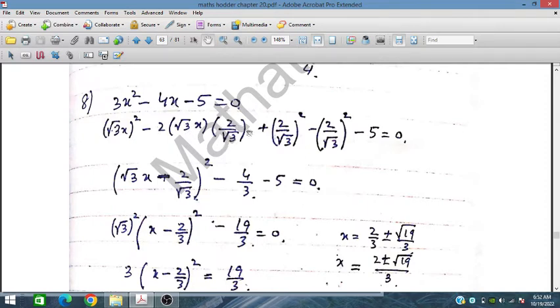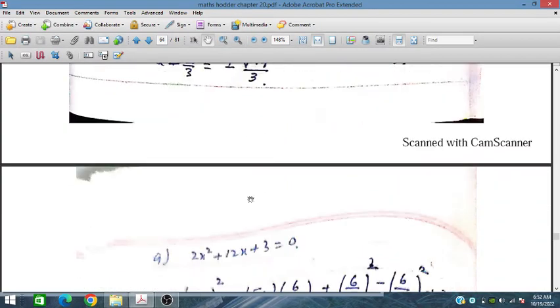Since we have placed this 2 upon under root 3 here, we also subtract it, and this is minus 5. Similar procedures are adopted here. We take out under root 3 common, so x minus 2 divided by 3, minus 5 over 3, which is 15, and so on. So this is one of them.